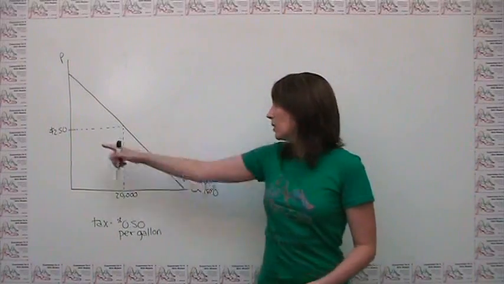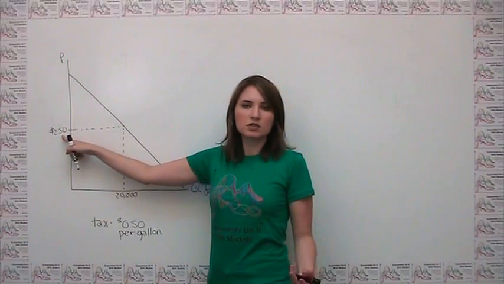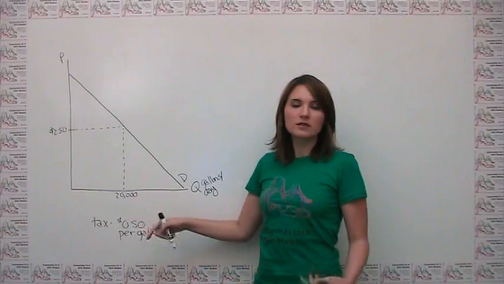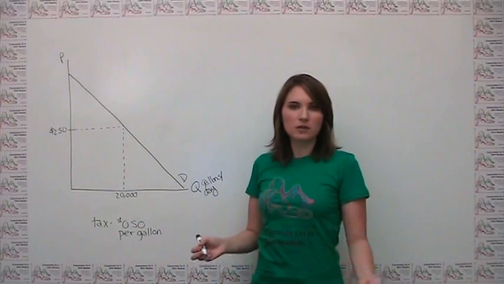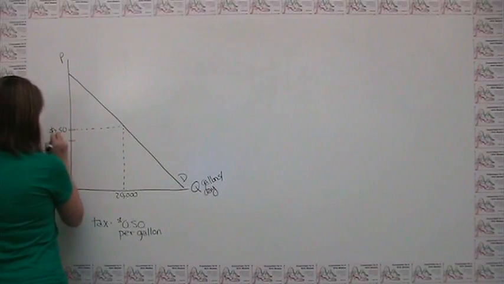You can just think about, well, if $2.50 is the maximum total outlay from the consumer, and 50 cents of that is going to the government, then $2 of that is going to the producer. We can mark that point, let's say here.